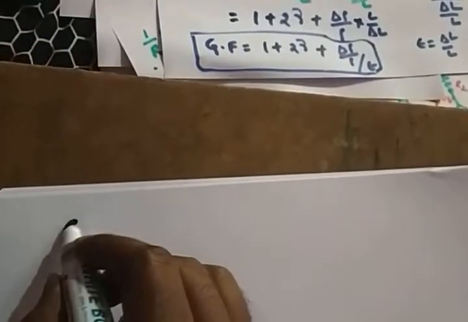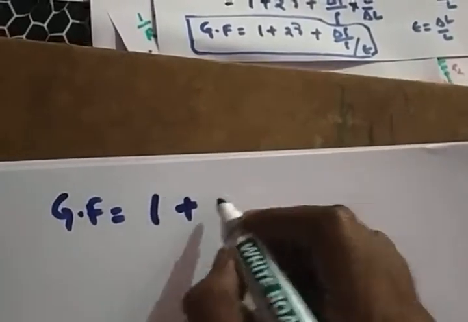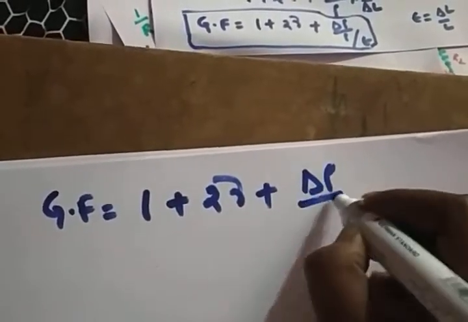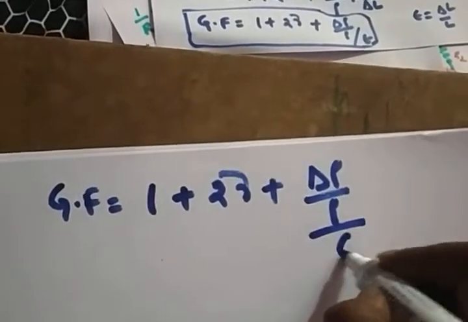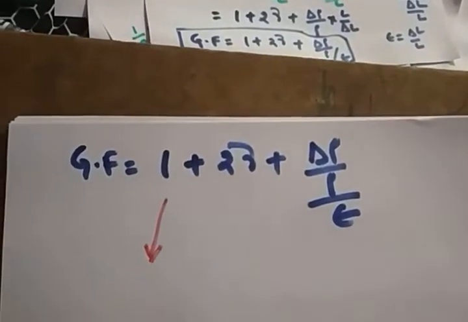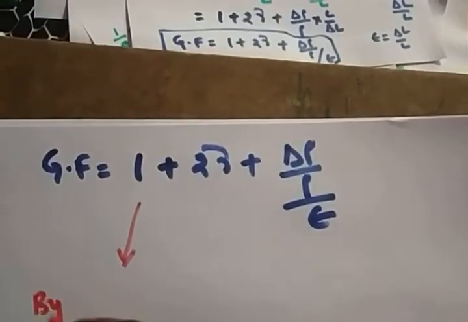So the gauge factor is equal to 1 plus 2 gamma plus delta rho by rho, by strain. Right, so this factor shows how the resistance changes by changing the length of the conductor.